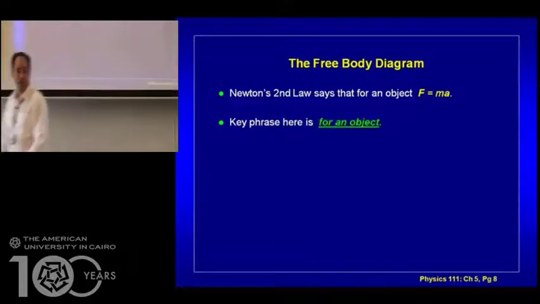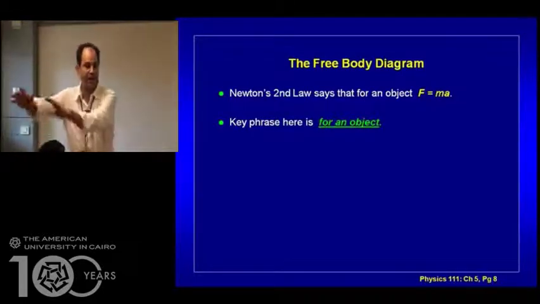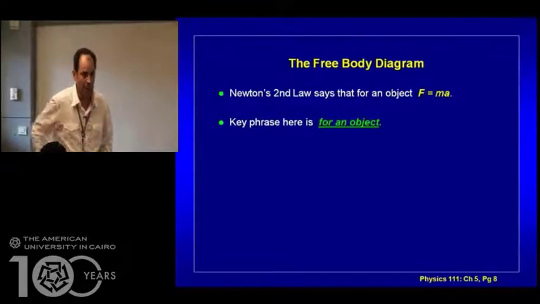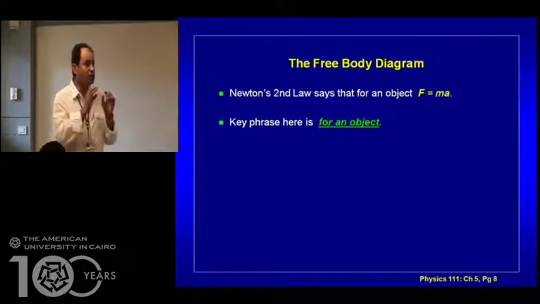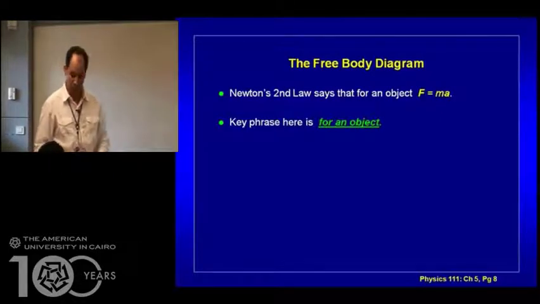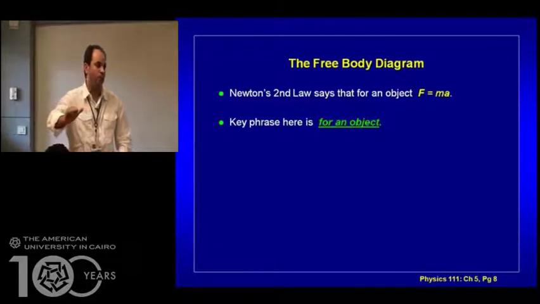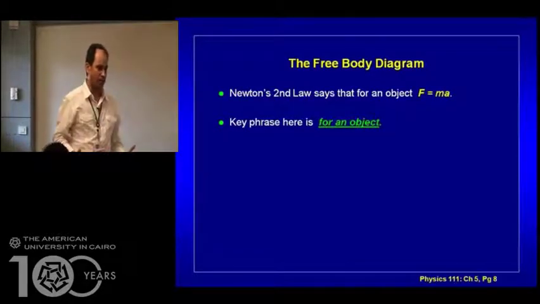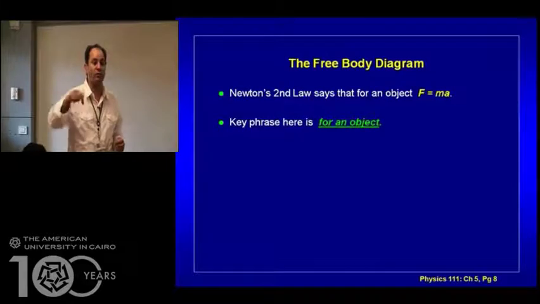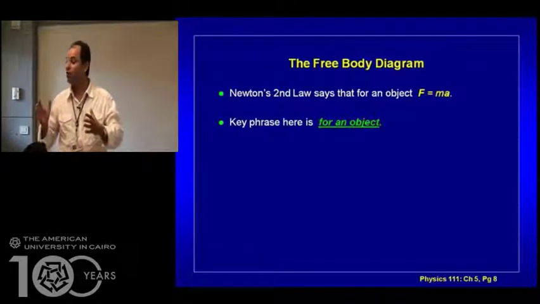So if I want to study the kinetics of Mahmoud, and I'm going to push him in that direction, or put some force on him, I should concentrate only on the forces acting on Mahmoud. Because if I push Mahmoud, he will push me back with the same force. So I should not concentrate on the forces from Mahmoud. I should focus only on the forces on Mahmoud.